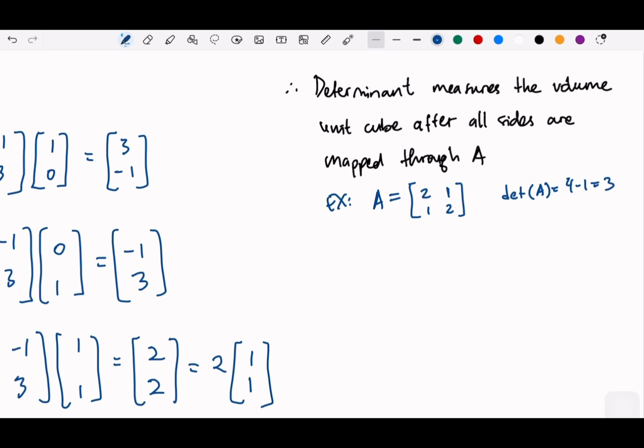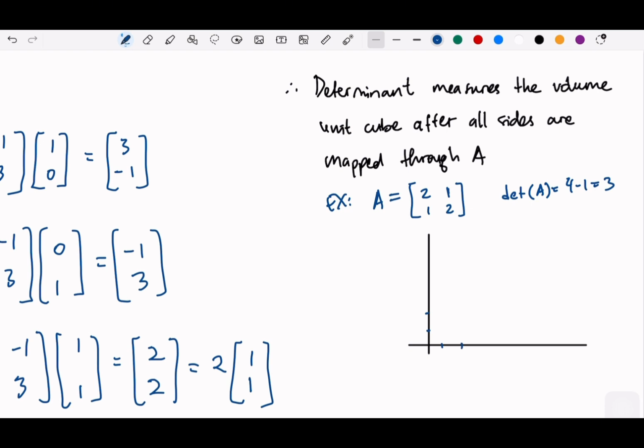Now, if we try to compute in more detail in visuals, let me describe all the vectors.